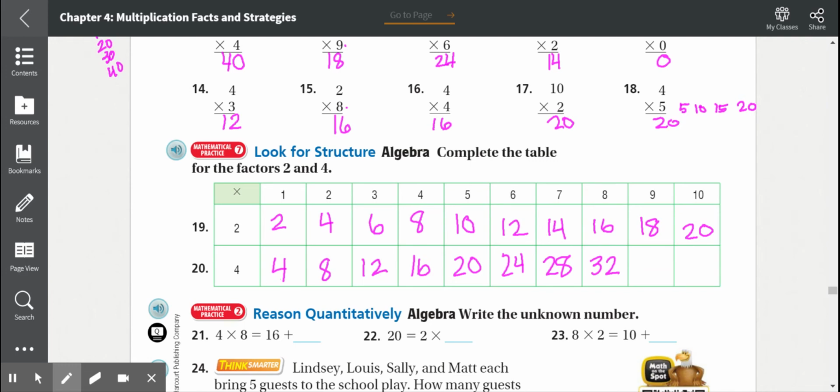So 4, 8, 12. We're going up by 4s because we're timesing by 4. So 32 plus 4 more would be 36. So we know that 4 times 9 is 36. And then 4 more would be 40. And so we know 4 times 10 is 40.